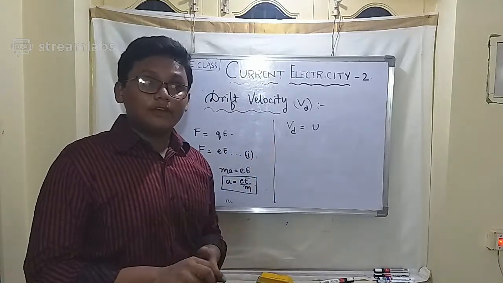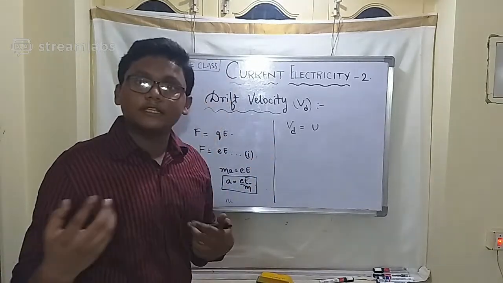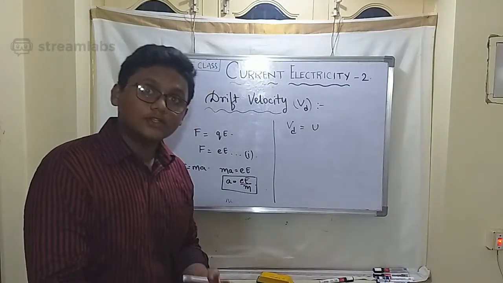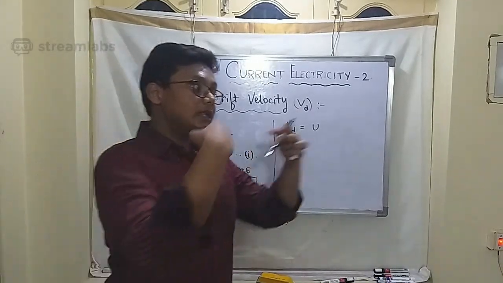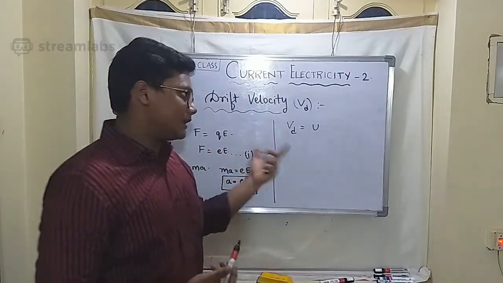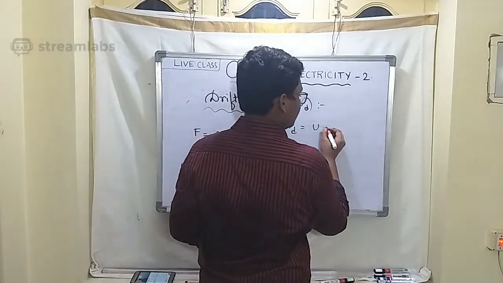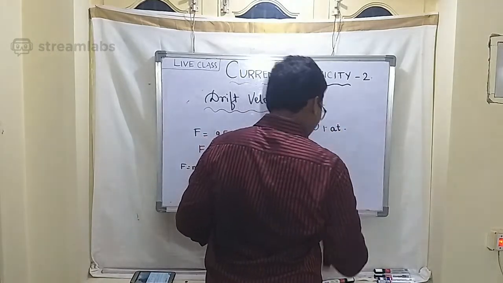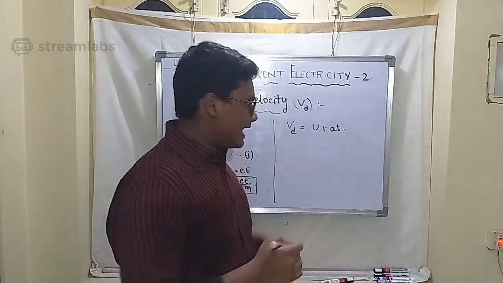Or we can take it as starting with an initial value, then it's 0, or in the case of the absence of a battery, we can also take that. So u plus at. And one thing, t is the relaxation time.